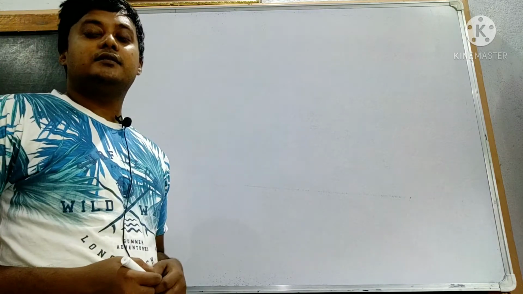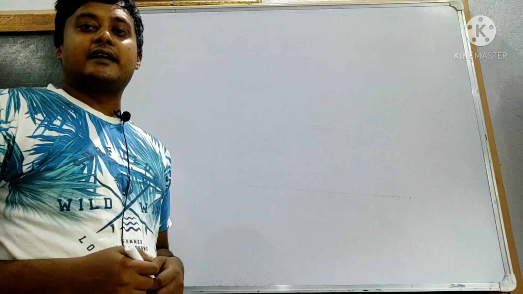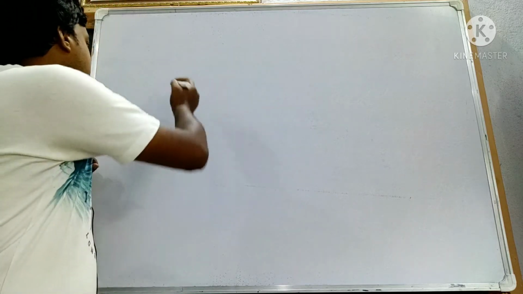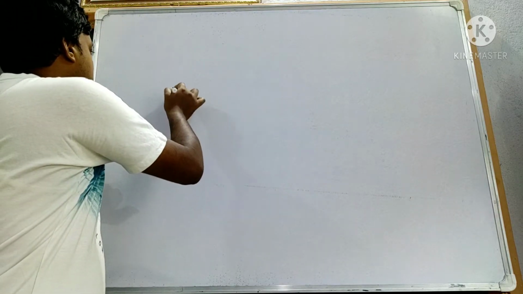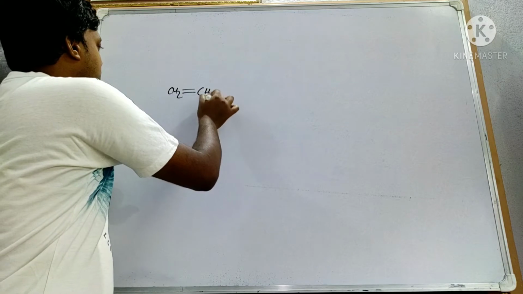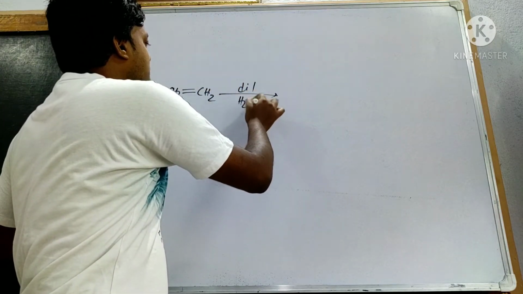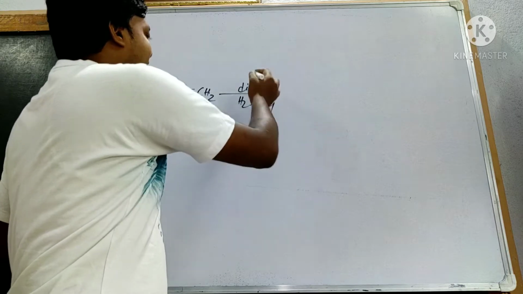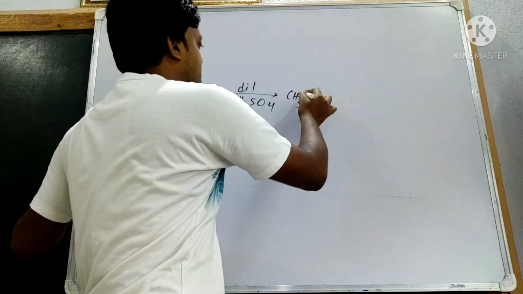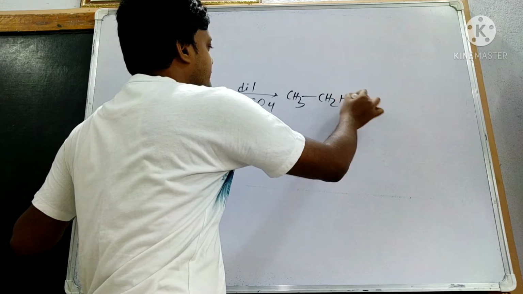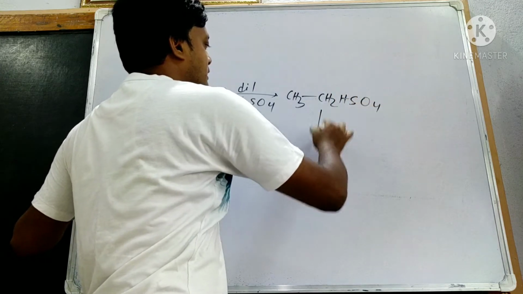First method, by acid catalyzed hydration. Now in alkene, first dilute H2SO4 that acts as a catalyst. First step, it will form CH3CH2HSO4.